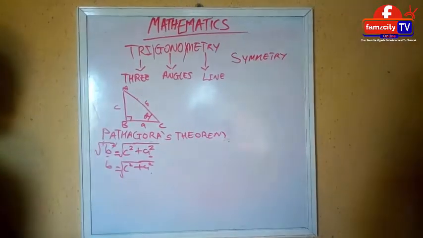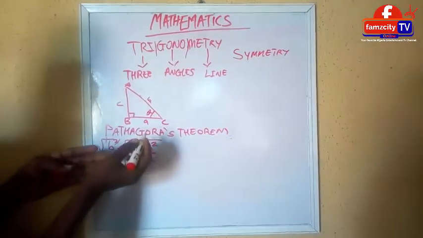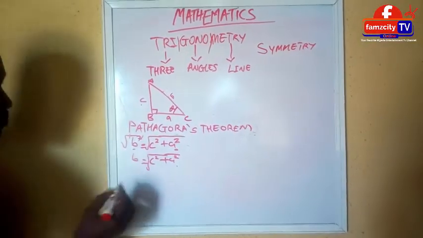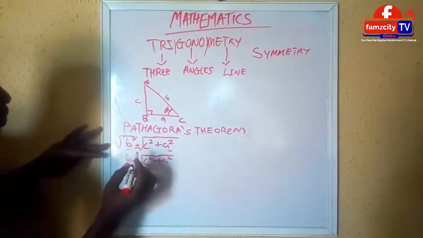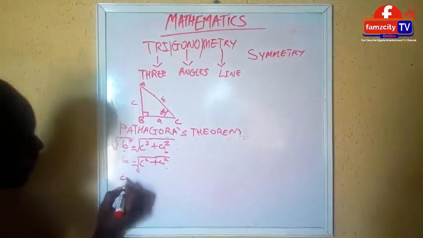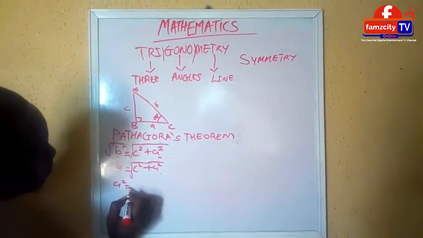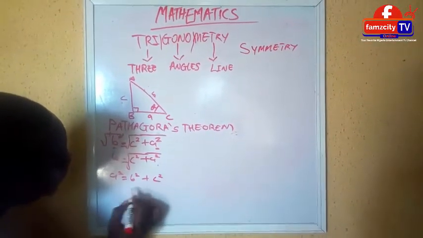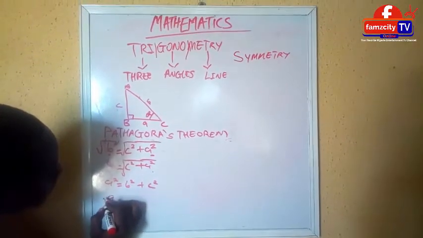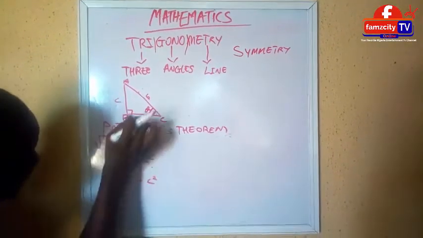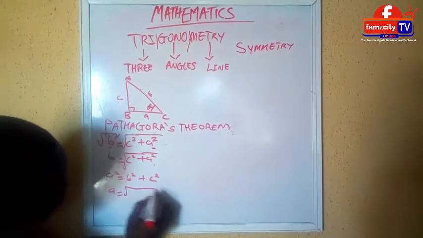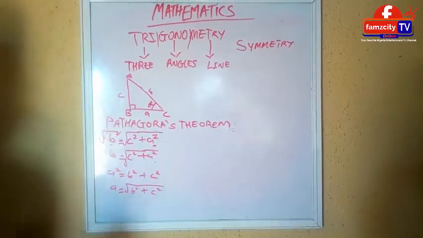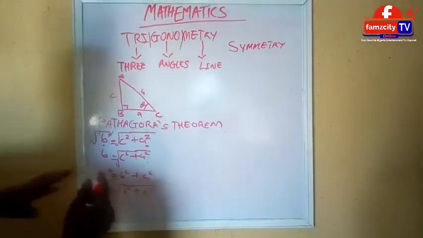And suppose we don't have a, but we are given c and b, we just say a square equals b square minus c square. Doing that, our final answer to get side a is the square root of b square minus c square, and so on like that.